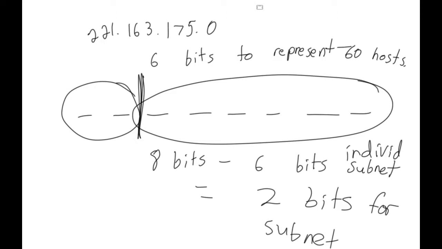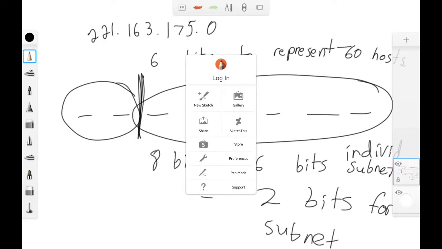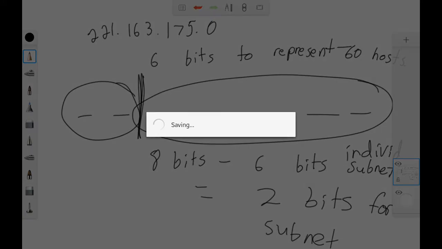If I have 2 bits, how many subnets will that give me? 2 bits, 2 to the 2. That means 2 squared, which is 4 subnets. So that means that I have 4 subnets in order to have enough space to support 60 hosts on each subnet.